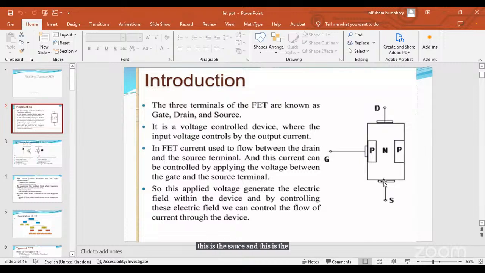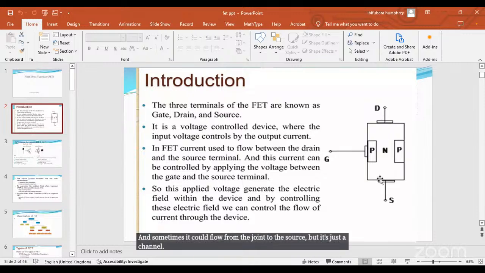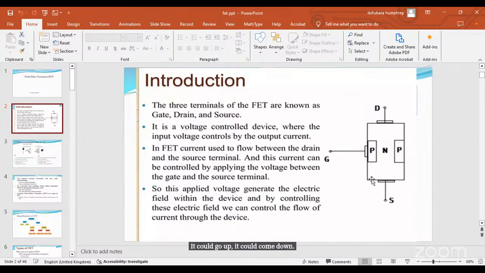The current flows from the source to the drain, and sometimes it could flow from the drain to the source, but it's just a channel. It could go up, it could come down. This current is controlled by applying voltage between the gate and the source. So the voltage between the gate and the source controls the current that flows from the source to the drain.